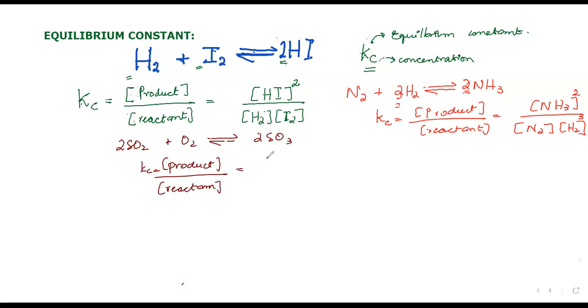Our product is SO3. Our reactants are SO2 and O2. SO3 will be raised to the power of 2 because it has a mole ratio of 2. SO2 will be raised to the power of 2. And oxygen will only be raised to the power of 1, right? We don't need to worry about the power of oxygen because the mole ratio of oxygen is 1.